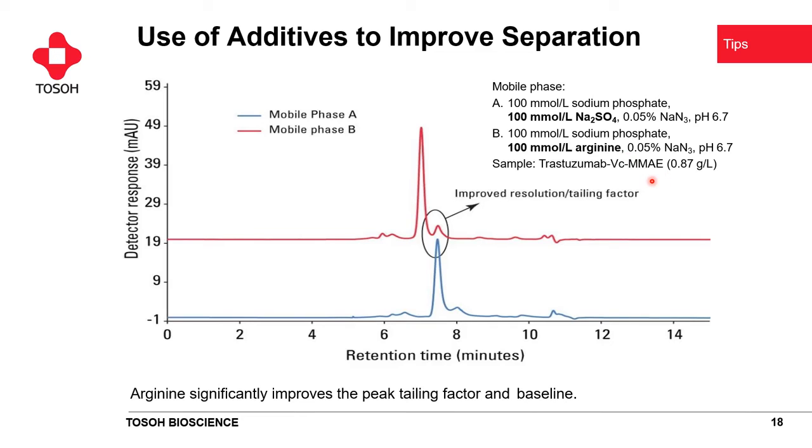These interactions may be of electrostatic nature, meaning we have charged molecules that interact with our stationary phase, and to this end what we could do is increase the salt concentration and ionic strength of our mobile phase. Another type of secondary interaction may be of hydrophobic nature, meaning we have hydrophobic patterns on our proteins that interact with the stationary phase. And to this end, what is possible is to add additives such as organic modifiers that reduce this hydrophobic interaction.